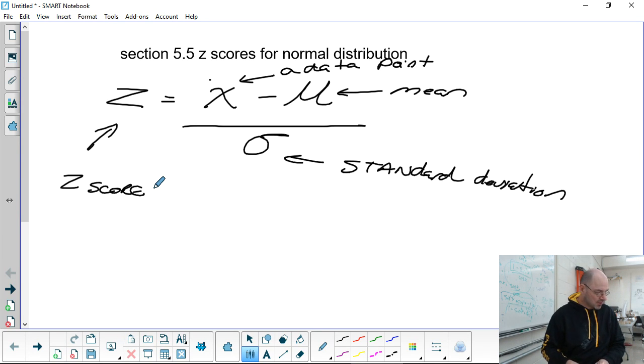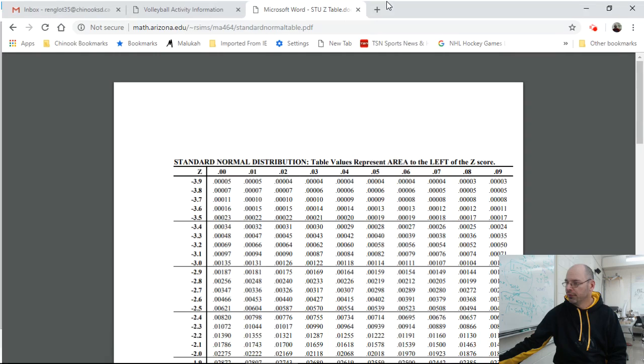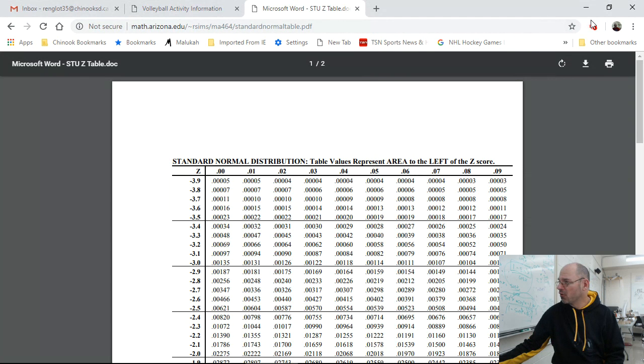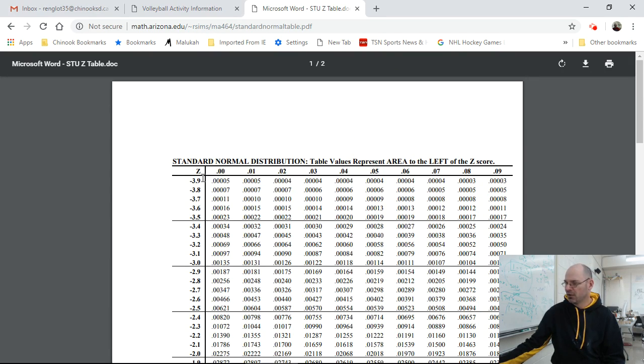So what does the Z-score give us? I'm going to bring a Z-score table over here. The Z-score gives us the percentage of the area to the left of the Z-score, and we'll draw the picture here. So here are the negative numbers, that's below the mean, and this is the Z-score.